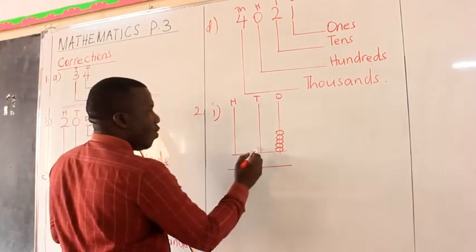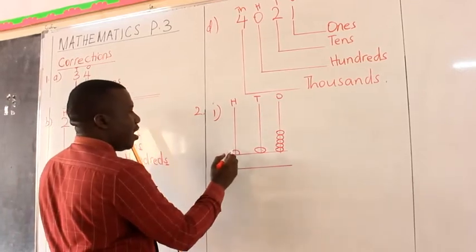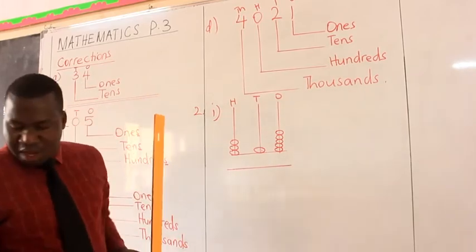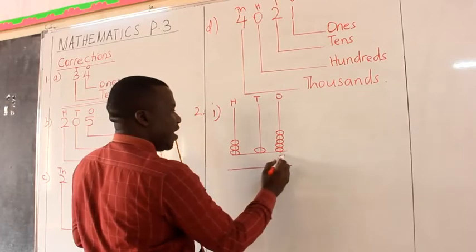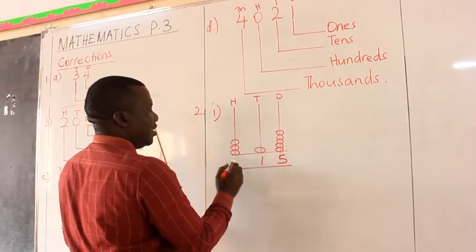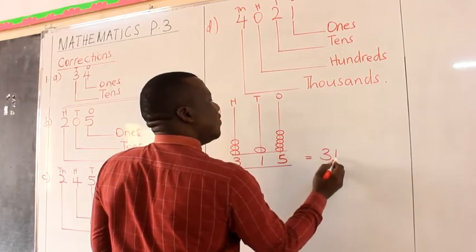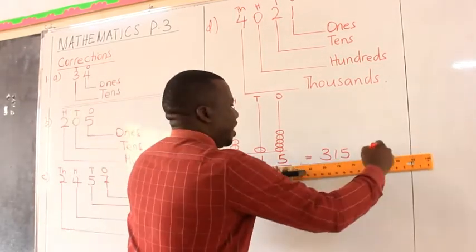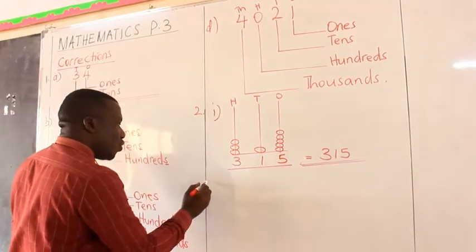Here we had only 1 bead. And here we had 3. So this is 5, this is 1, this is 3. The number shown on the abacus is 315.